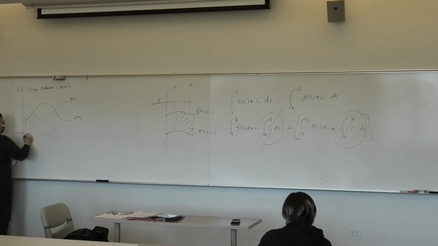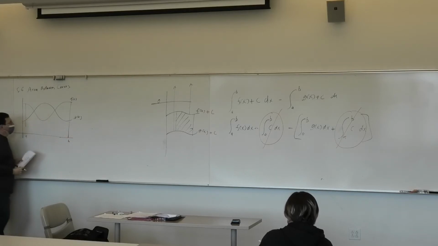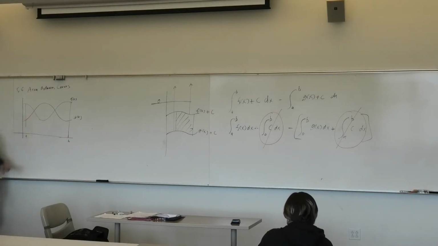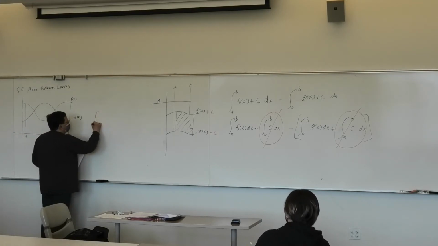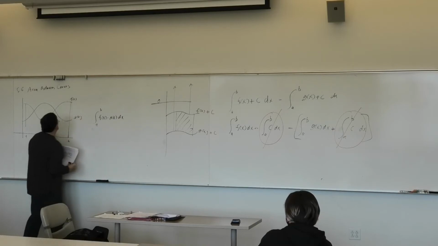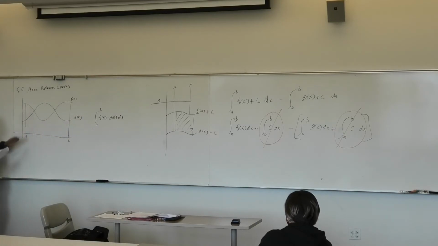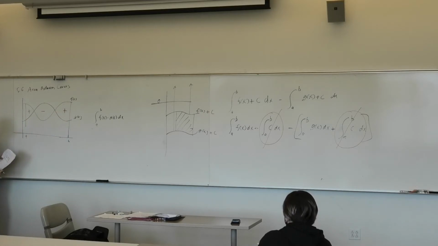And here's our a, here's our b. And what we want is the area between the curves. Well, if we just do a regular integral here, what's going to happen is we're going to get positive area here, negative area here. So we're not going to get what we want.